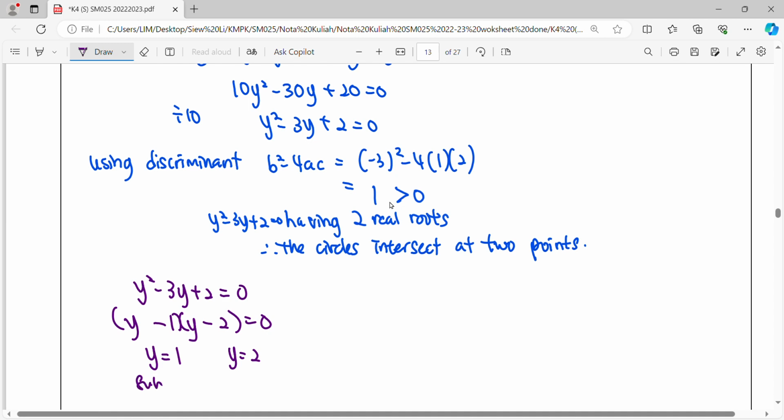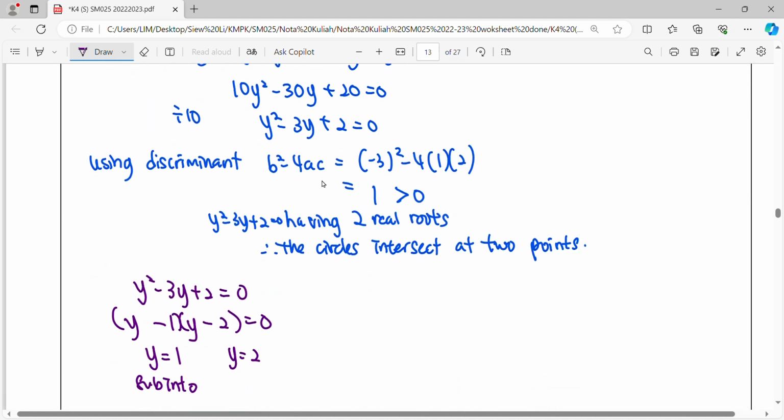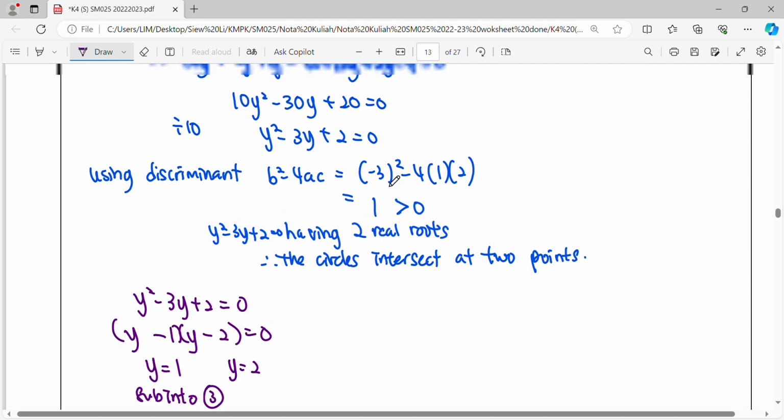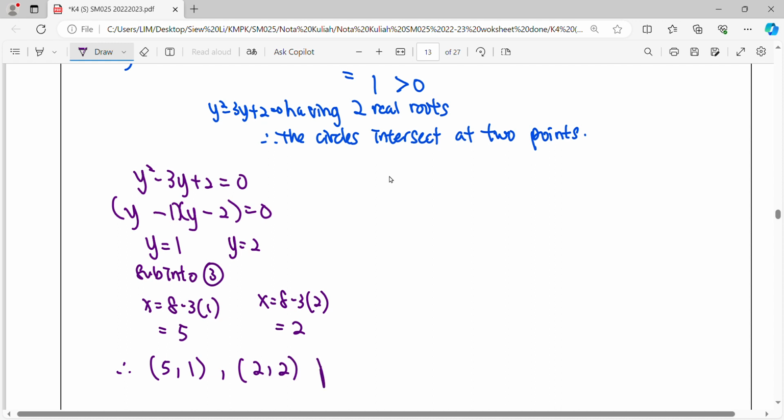Then we substitute into equation 3 to find the x. So therefore, we have x equals 5 and y equals 1. And the other coordinate is x equals 2, y equals 2. So these are the points of intersection.